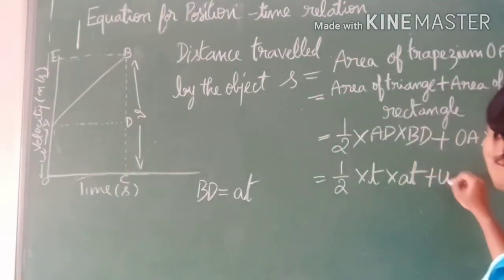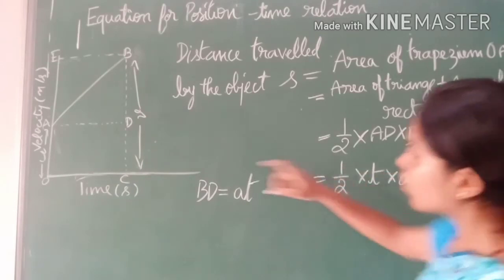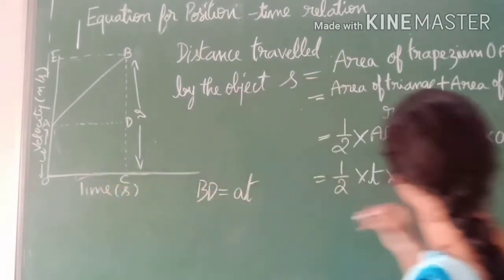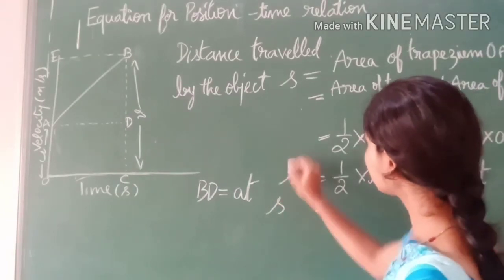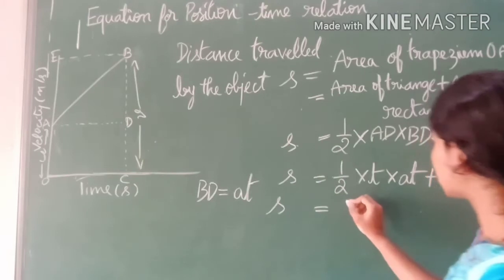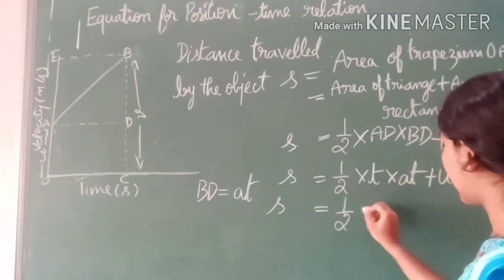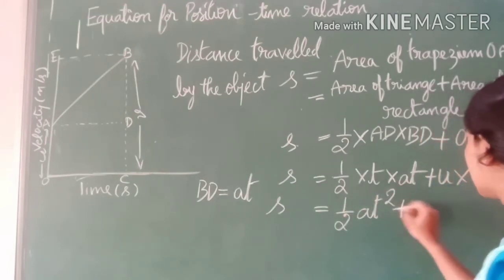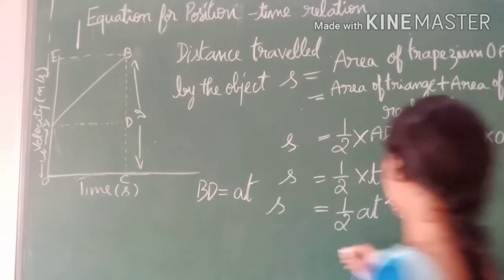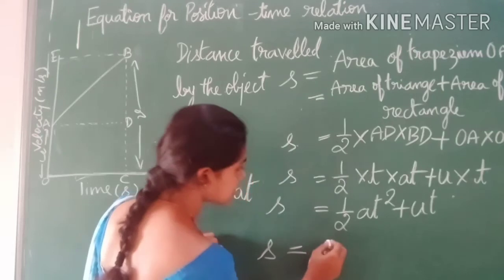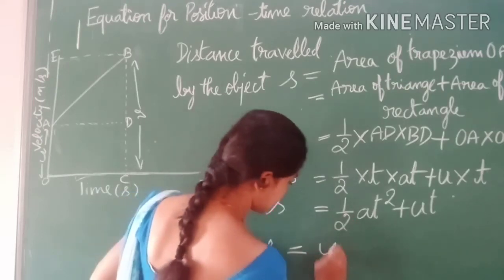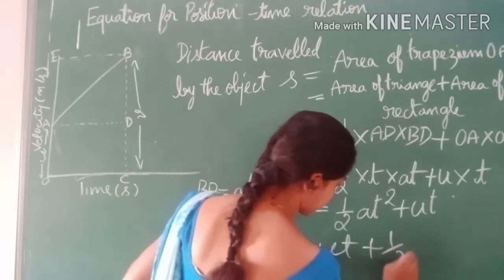OA is U, initial velocity, into OC. What is OC? OC is the time. So what do you get? S is equal to half AT square plus UT. I will interchange and write S is equal to UT plus half AT square.